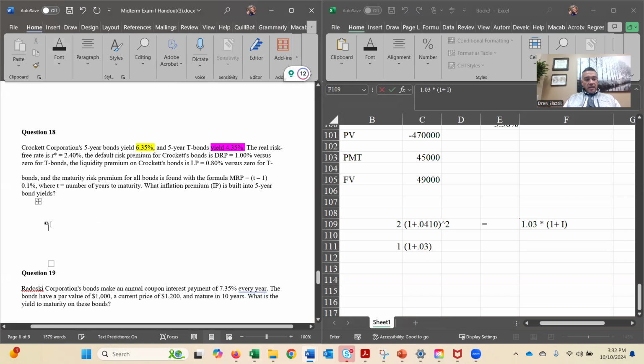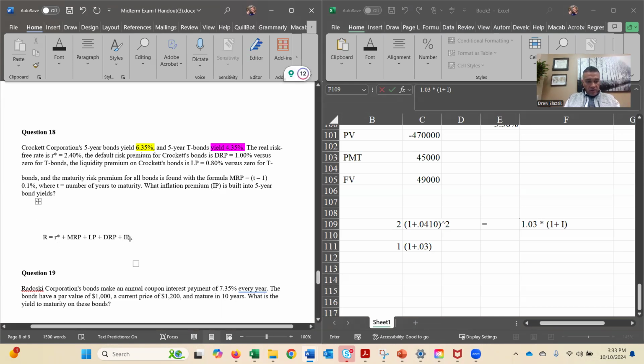So what we're saying is the return, the 6.35, is equal to the real risk-free rate plus the market risk premium plus liquidity premium plus default risk premium plus inflation premium, right? I didn't miss anything here.